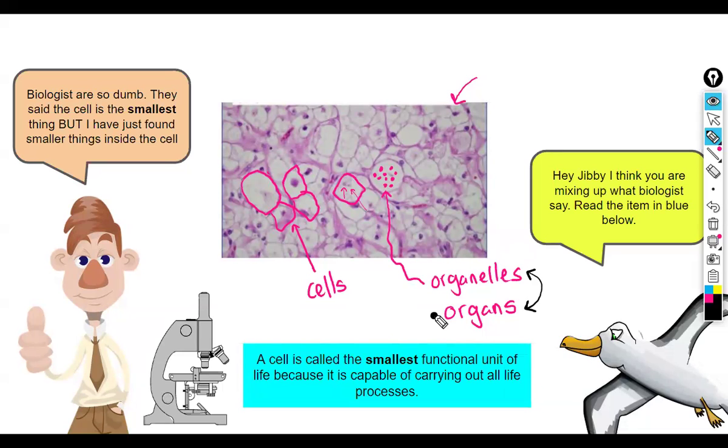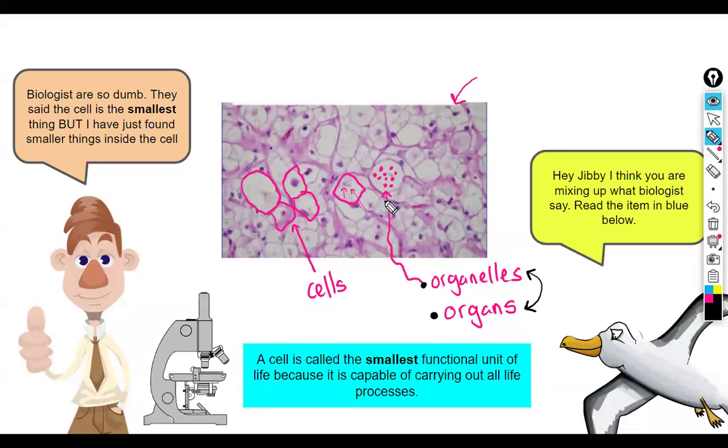Organs are usually large. Organelles are smaller parts of a cell. So organelles are seriously, seriously smaller than organs. And even though the words resemble, they are nowhere close to being the same.